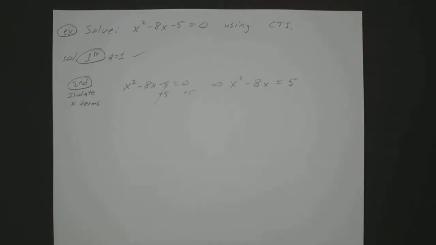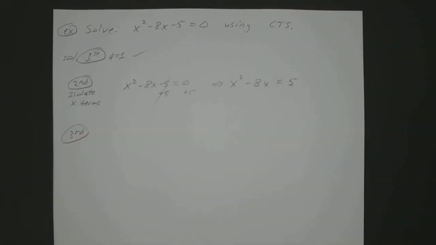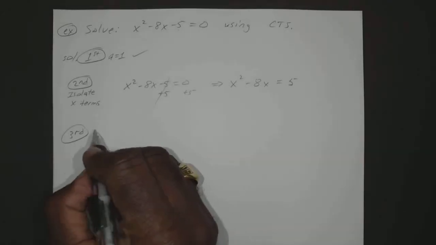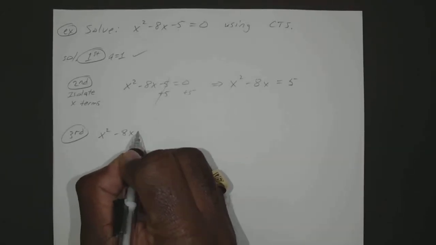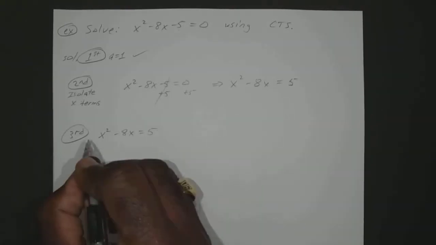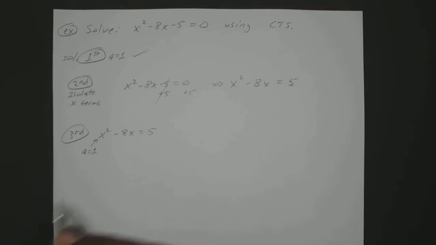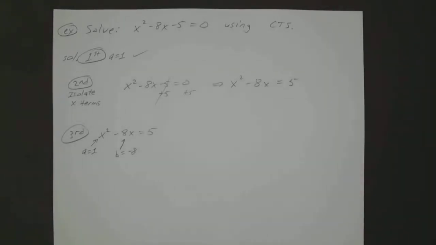Okay, so your third step, now you find your completing the square value. Make sure I didn't skip any steps. Yep. Okay, so the third step, for x squared minus 8x equals 5, your a is equal to 1, and your b is equal to -8.